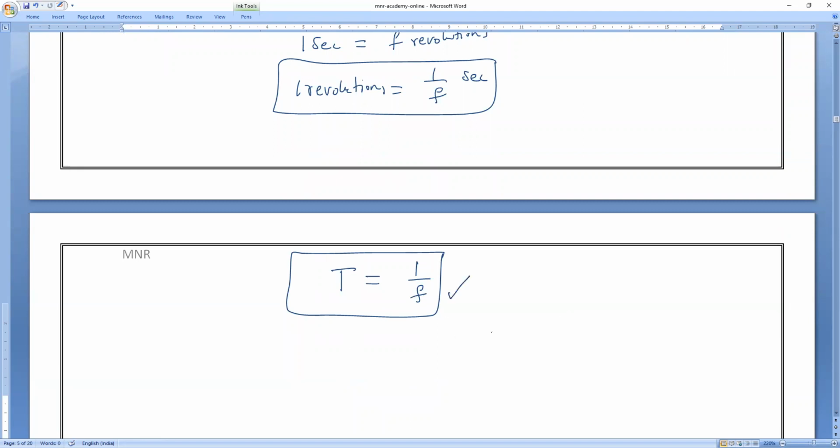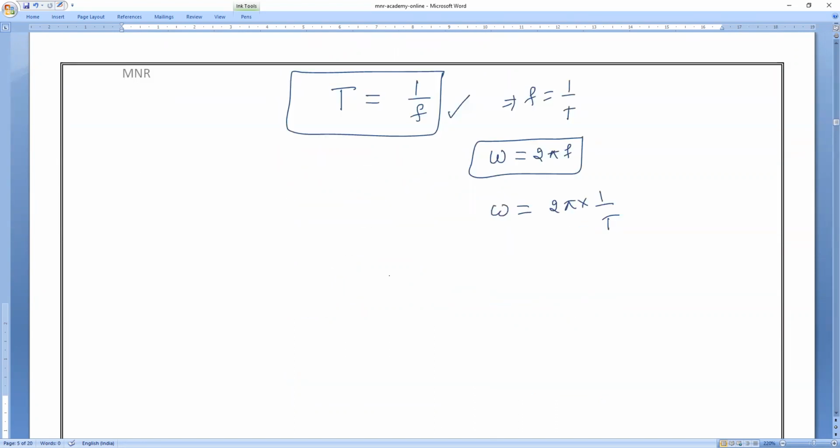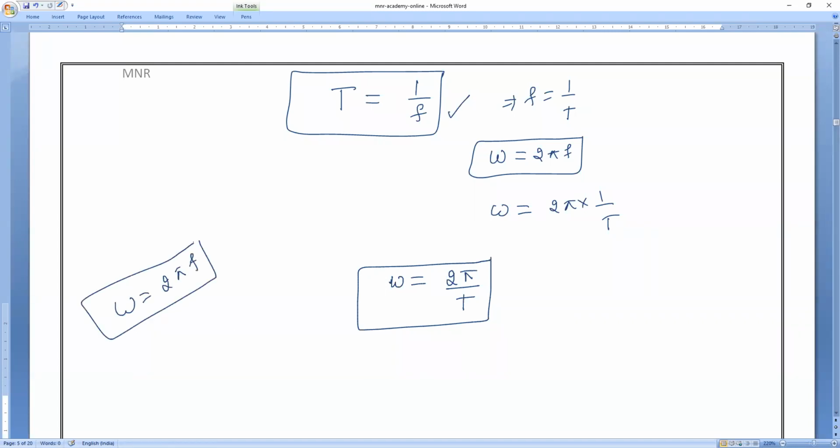Now, we all know that omega is equal to 2 pi F; we just found it. Then omega is equal to 2 pi into, in place of F, I can write 1 by T, since F is equal to 1 by T. So omega is equal to 2 pi divided by T. Omega is equal to 2 pi F is the relation between frequency and angular velocity.